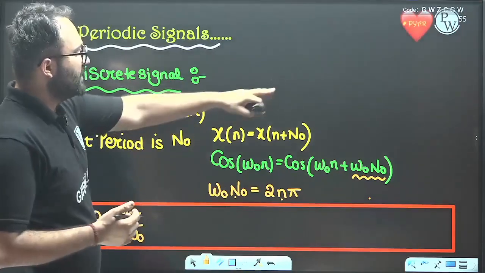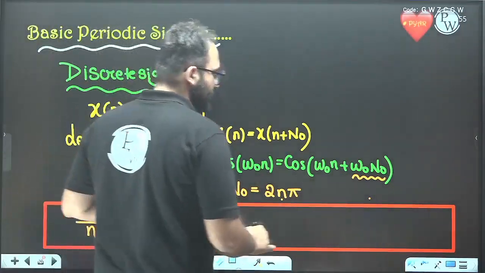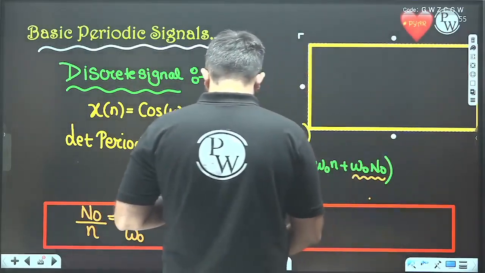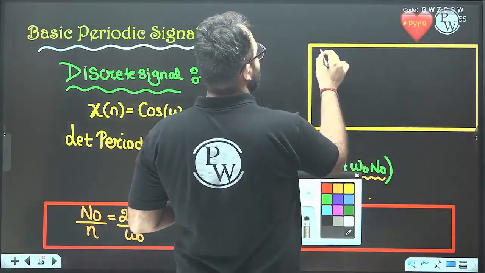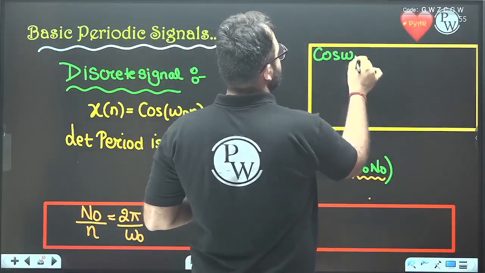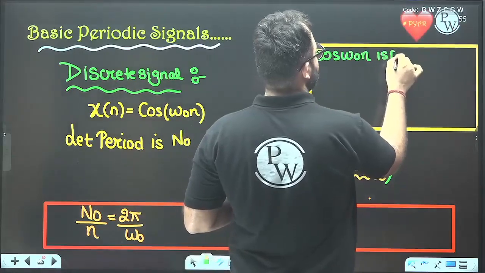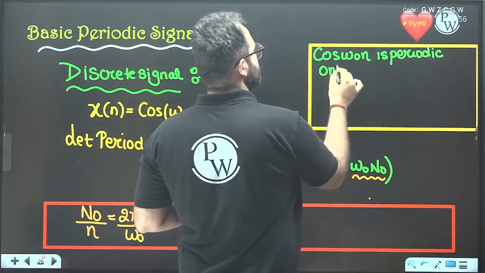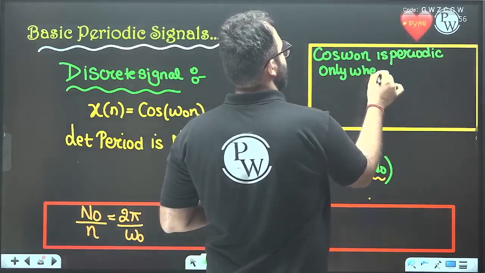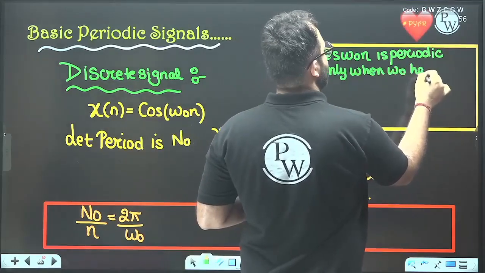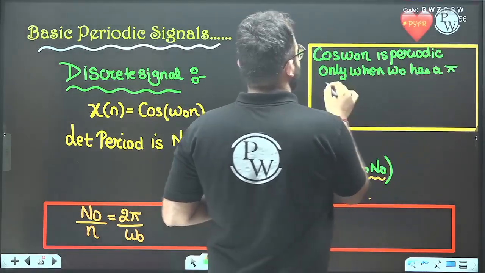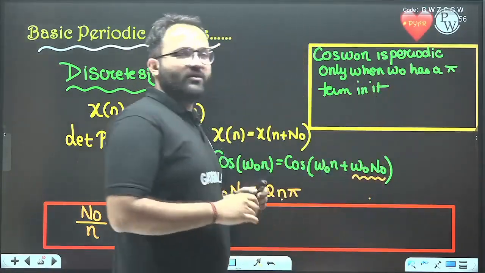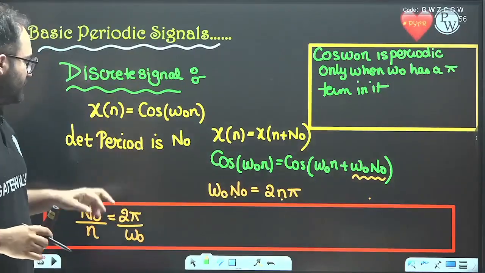I'll write that condition here because it is a very important condition. So what is the condition? cos omega naught n is periodic only when omega naught has a pi term in it, because then only that pi term will cancel.